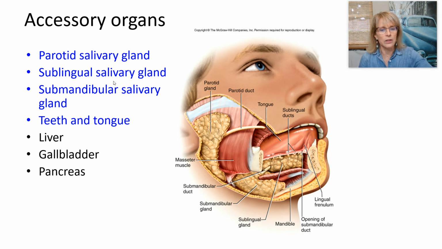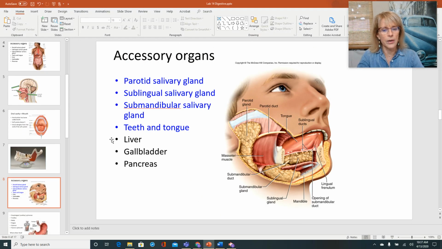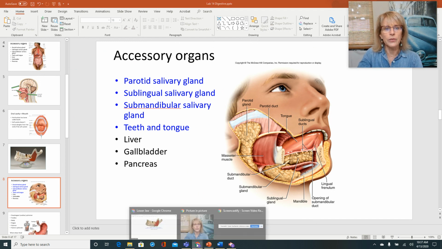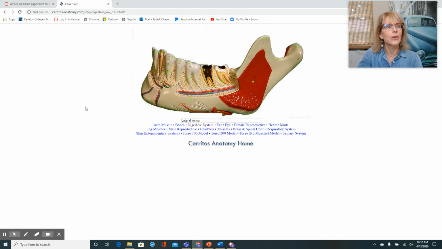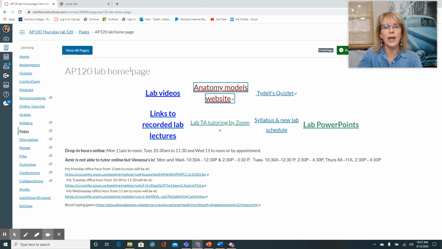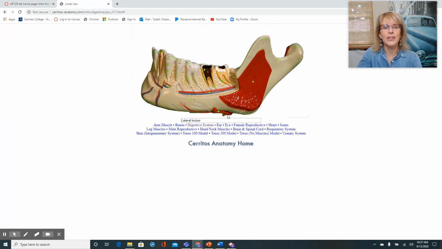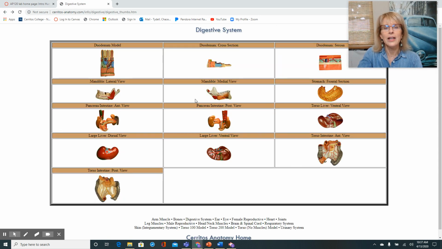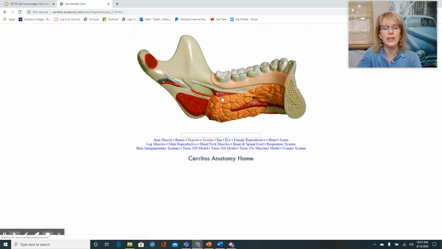Let me show you what that looks like on our lab model. Remember, if you go to your Canvas homepage, you can go to the Anatomy Models website. And at the Anatomy Models website, you can see this, but let's go back and let's look at the model from the inside.